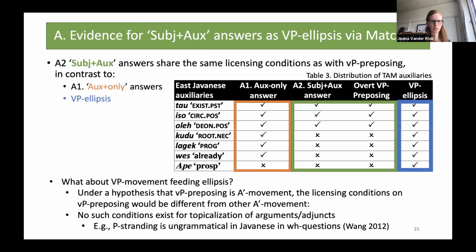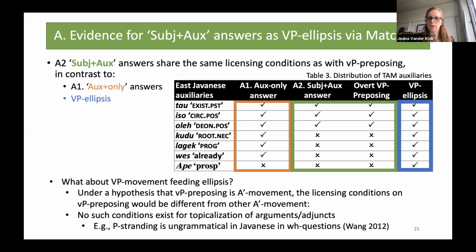Okay. Now you might be wondering about Johnson's 2001 paper, which has argued for VP movement feeding ellipsis, where VP preposing is then the higher, the preposed VP is deleted, and that's what gets you VP ellipsis in English.